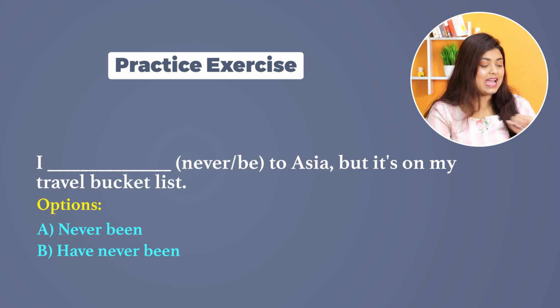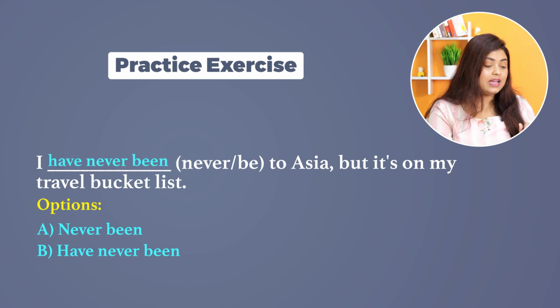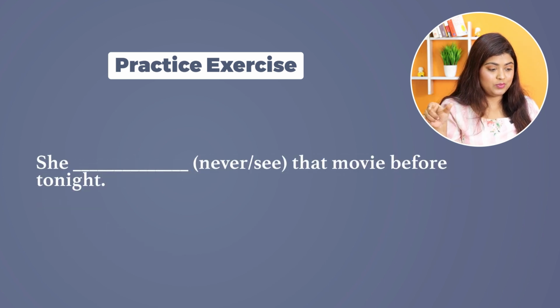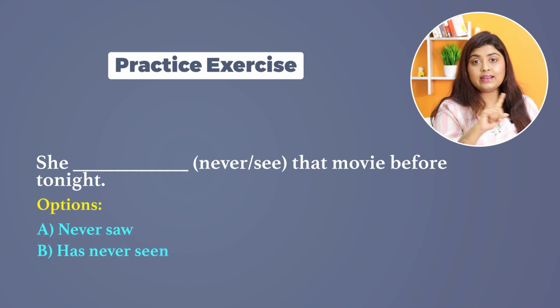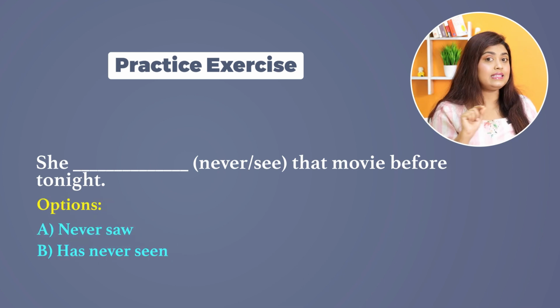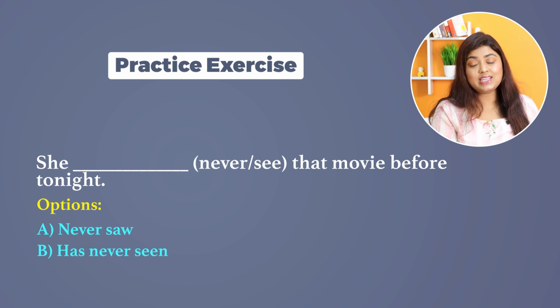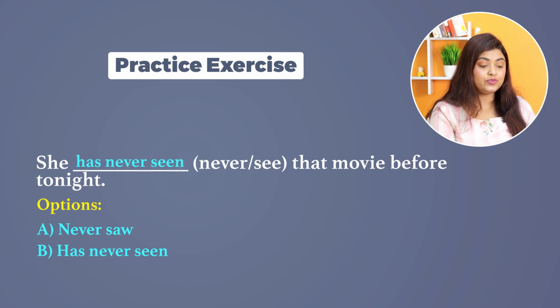So you're right. I have never been to Asia, but it's on my bucket list. Next one. She blank, never see, that movie before tonight, and your options are never saw, has never seen. Yes. So the correct answer will be, she has never seen that movie before tonight.